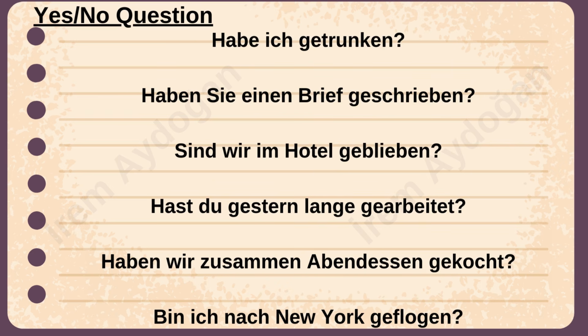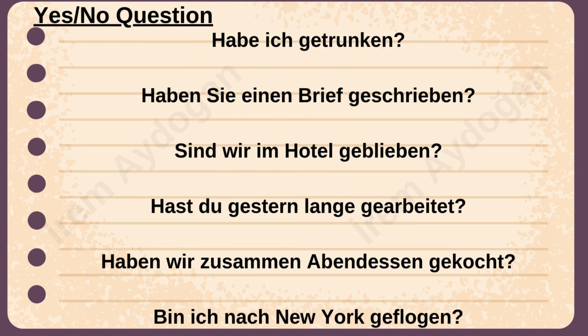Hast du gestern lange gearbeitet? Haben wir zusammen Abendessen gekocht? Bin ich nach New York geflogen? The first part is the auxiliary verb and then I use the subject and then object, place, time, whatever you want, you can use it, and the verb in perfect tense at the end of the sentences, as you see.